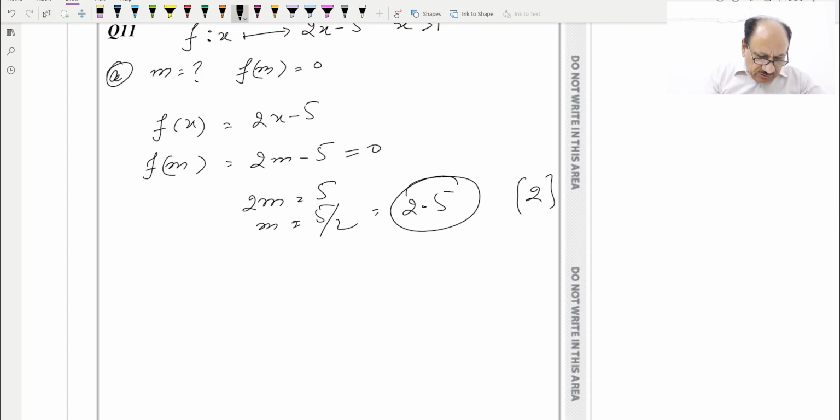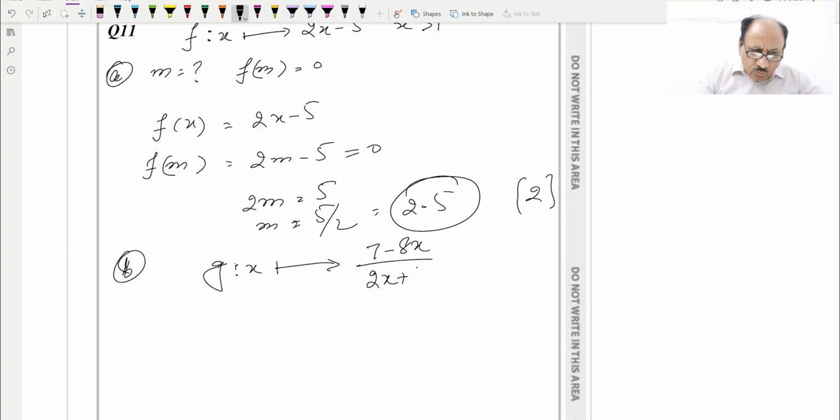Now part B says g of x is a function, and the function is defined like g of x is 7 minus 8x over 2x plus 1, and they're saying find g of minus 1. This is what we need to find.